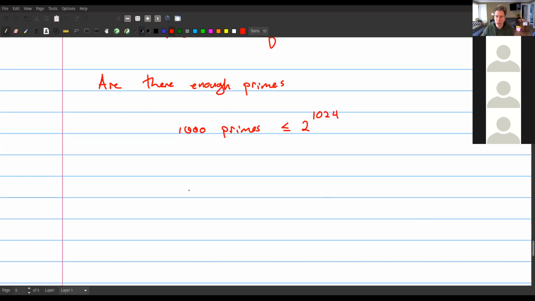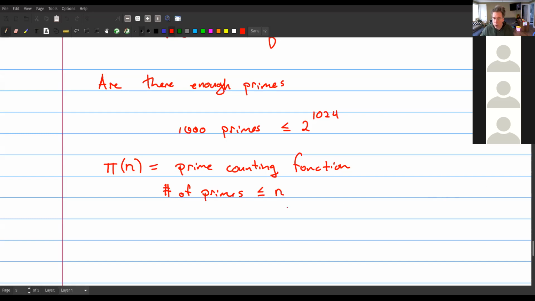So that's one thing. There's this function called, this is kind of confusing, I think Euler gave it this name, pi of n, the prime counting function. What it is is the number of primes less than or equal to n.